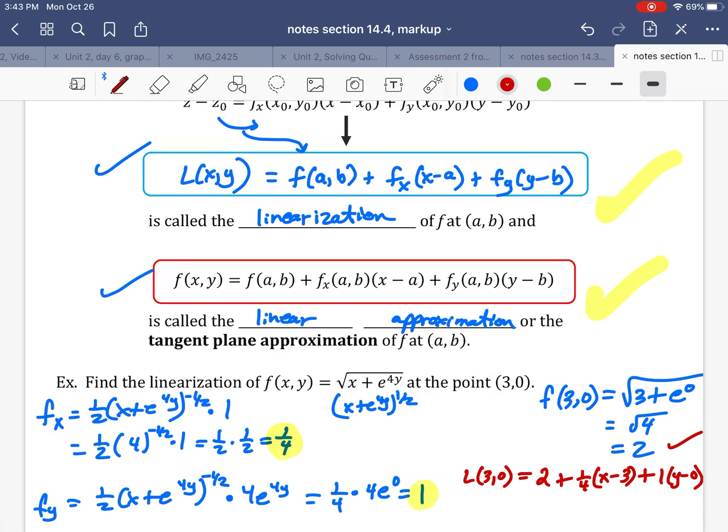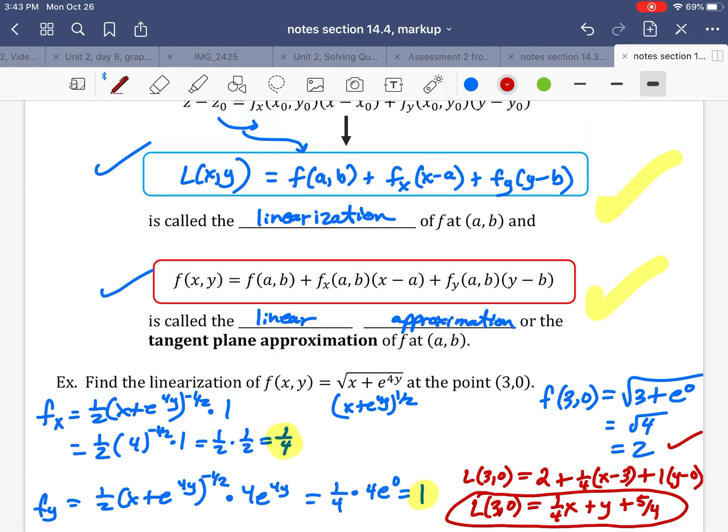All right, so you clean that up, and your linearization at 3, 0, your linear approximation at 3, 0, you get 1/4 x plus y plus 5/4. So if you want to approximate something close to the point 3, 0, you can use that.